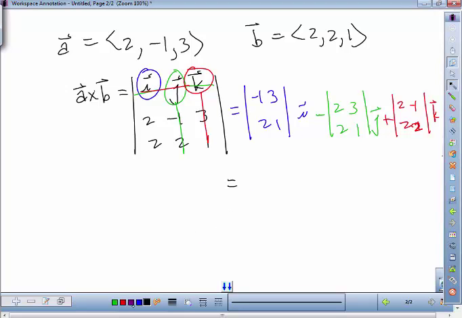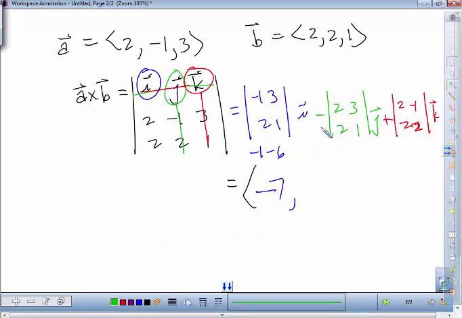Okay. So what do we have? The determinant of this is negative 1. Negative 1 times 1 is negative 1, minus 2 times 3 is 6. So that's a negative 7. Is that right? And then the next one, there's a minus sign in front.